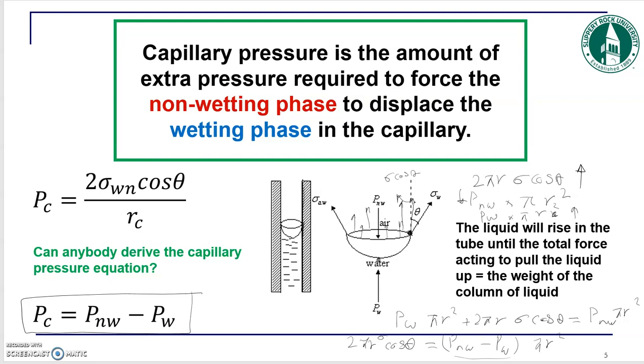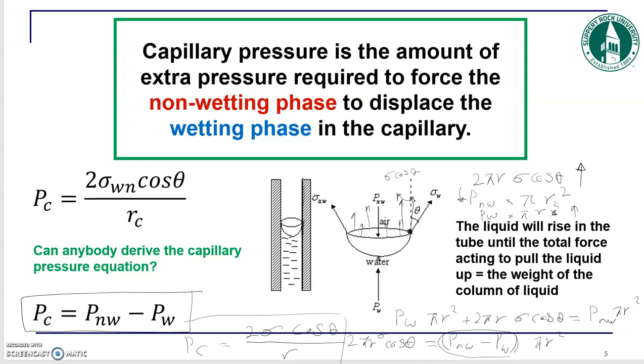Now, by definition, P non-wetting minus P wetting is capillary pressure, so that's Pc. Pi can cancel out. One of the r's will cancel out from each side, so Pc is equal to 2 sigma cosine theta divided by r, and r is the radius of the capillary tube, which is this equation here.